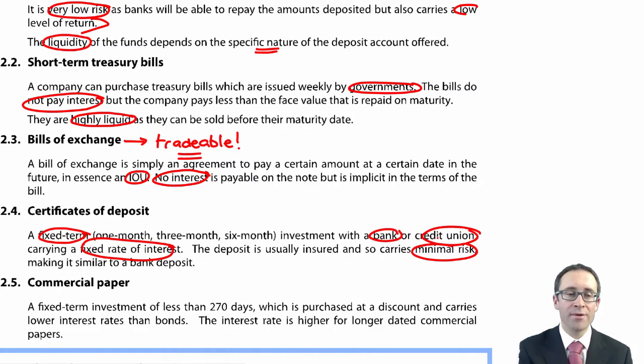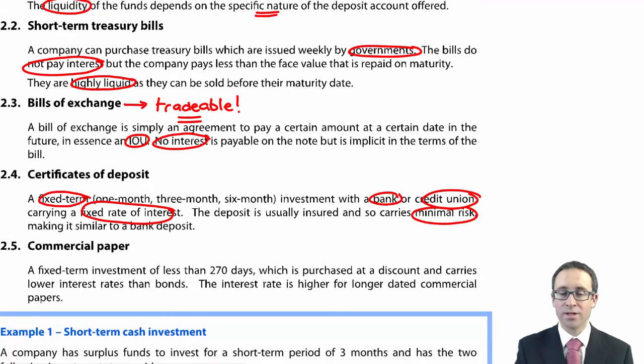So it is very, very similar, if you like, to your deposits. Okay, the deposits that you make with a bank. However, these are for fixed terms, 1 month, 3 months, 6 months, however long it may be. As I said, it's more commonly used within the US. Okay, it has minimal risk. So it's a little bit less risky than a bill of exchange, maybe slightly more risky than your short-term treasury bills. Okay, similar risk, if you like, to your interest-bearing deposits.